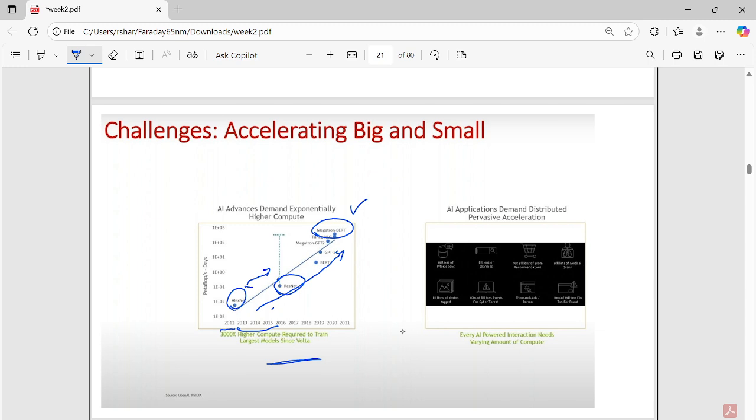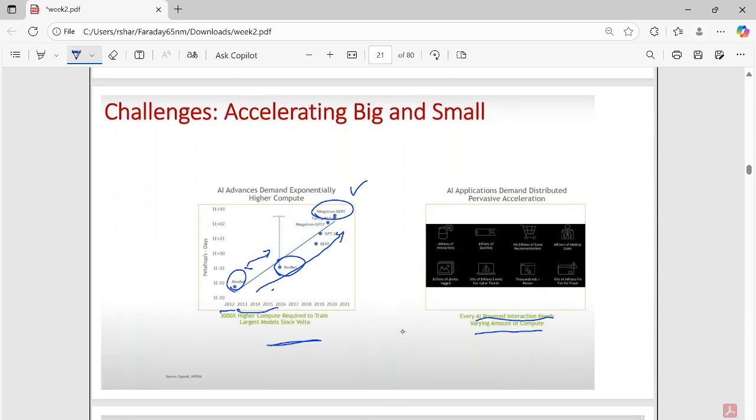Here, AI-powered interaction needs a varying amount of compute. The first problem is about training the network, and the network itself is huge. The second problem is that we have a trained network, but we need to scale out to make sure that we are able to get the data from multiple sensors.